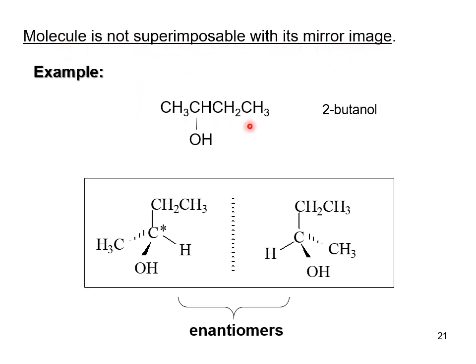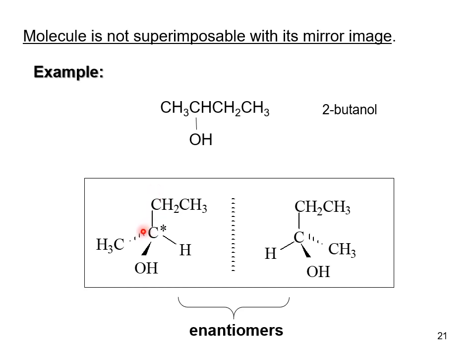Look at this 2-butanol example. This carbon is an sp3 hybridized carbon with 4 different groups: CH3, OH, hydrogen, and CH2CH3. When we draw the enantiomer, we must draw in the 3-dimensional formula, which we learned in 4.1, the first video.